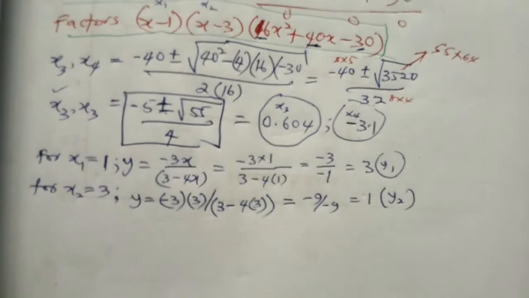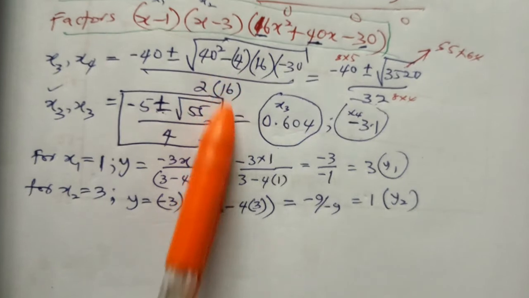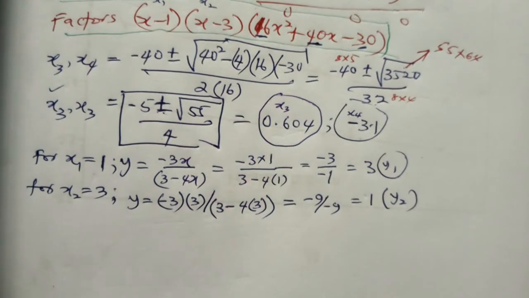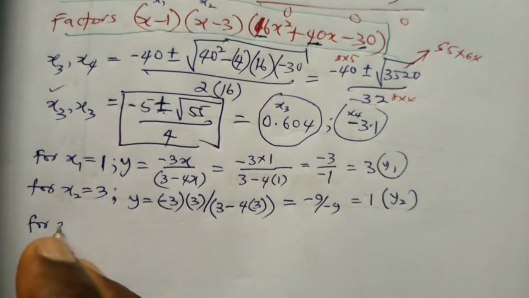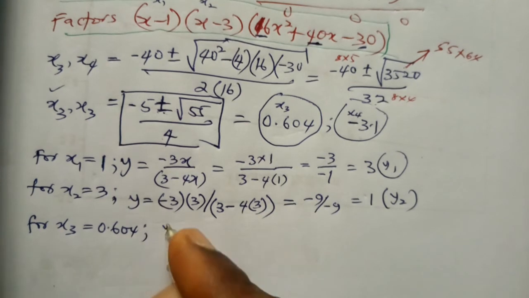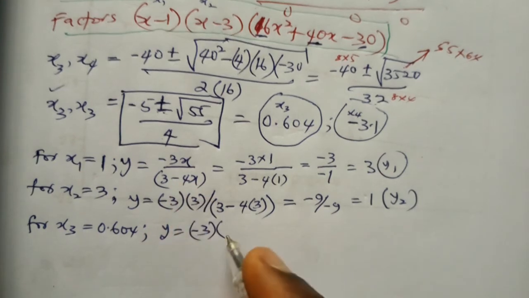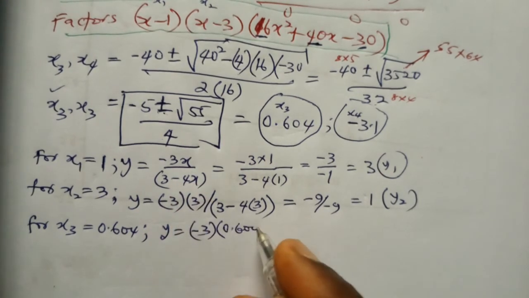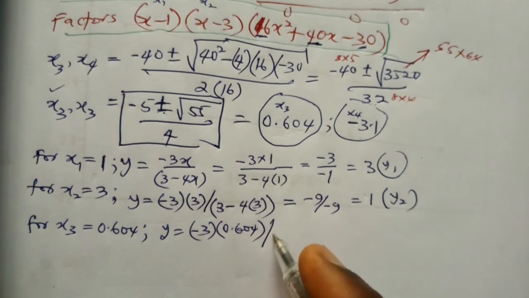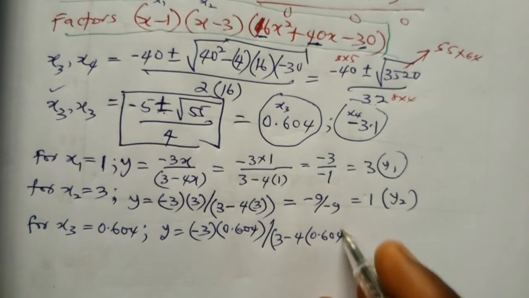So the third one, which is what we have just solved using the formula, for x3 equal to 0.604, y will be minus 3 times 0.604 all over 3 minus 4 times 0.604.